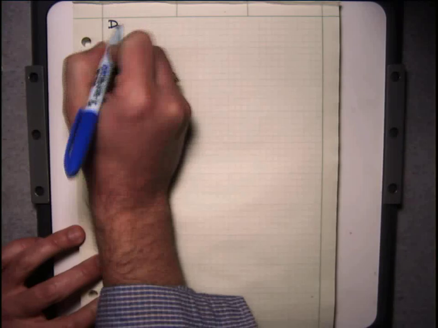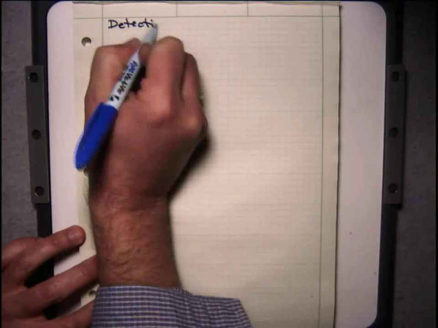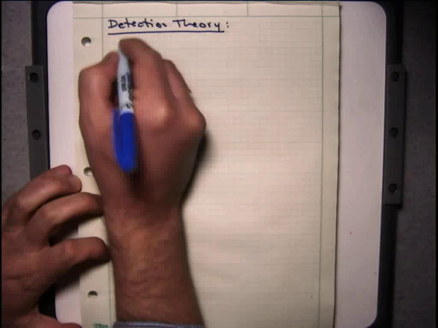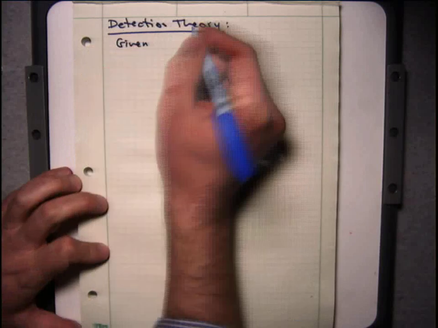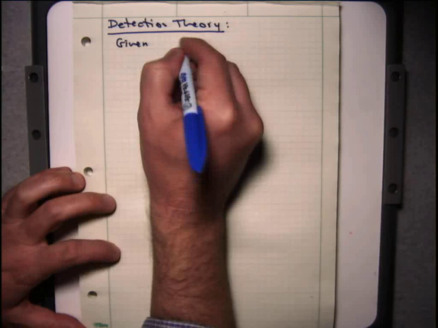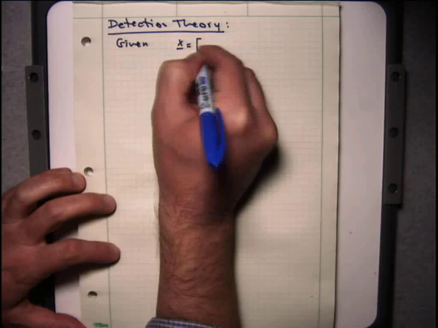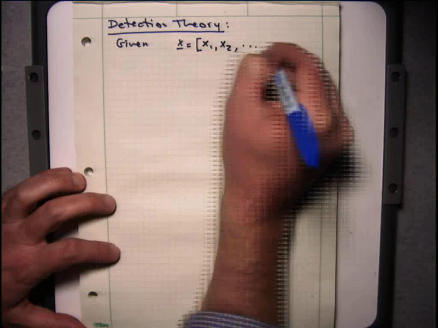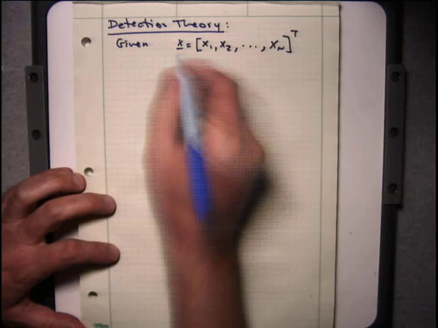All right, so now a quick summary of the detection theory material. The general framework is that you are given a bunch of data, which we typically stack into a vector, let's say x1, x2, through xn. So this is a column vector.